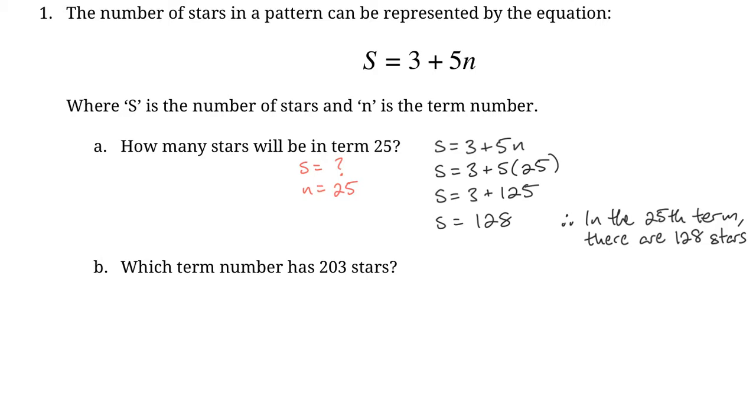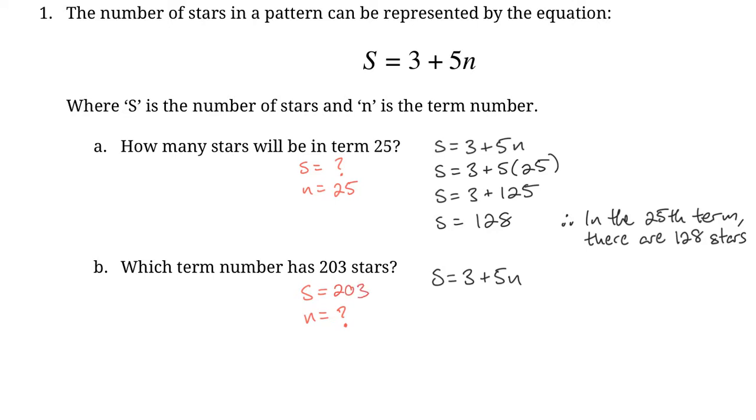So in part B of this question, it asks, which term number has 203 stars? So let's start off by writing our original equation, S equals 3 plus 5n, and our two unknown variables, S and n. So this time it's asking for which term number, so we're finding n, and we're given that we have 203 stars.